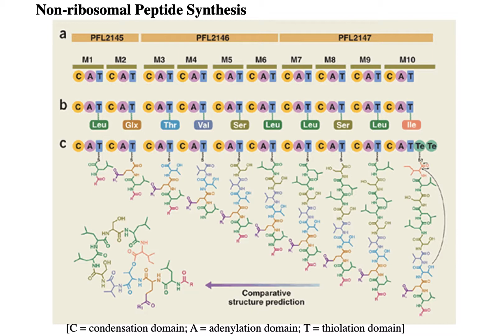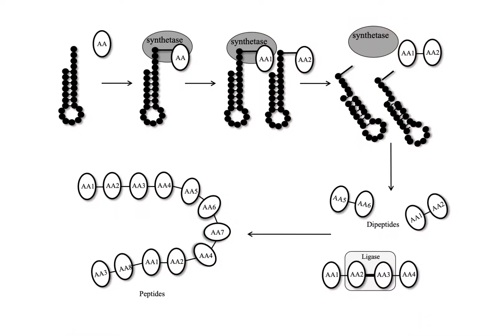But again, the fidelity of putting those pieces together is not as high. So there's a lot of variation that can be produced. Some of these produce toxins in some microbes that will kill other organisms, and they're hard to keep up on because there is so much variety in the way that those are put together.